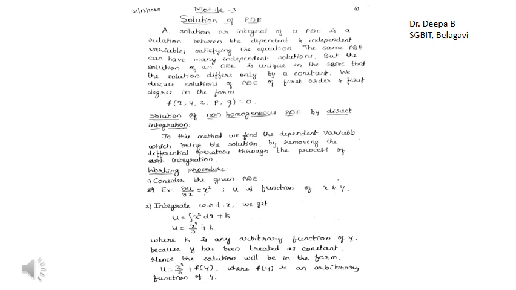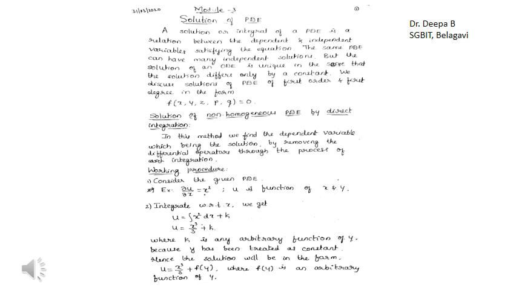The same PDE may have one or more solutions, but an ordinary differential equation has a unique solution. In this module we are going to solve PDEs of first order and first degree.